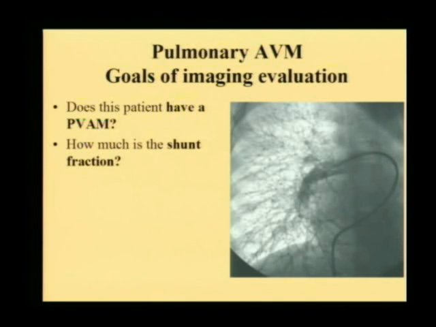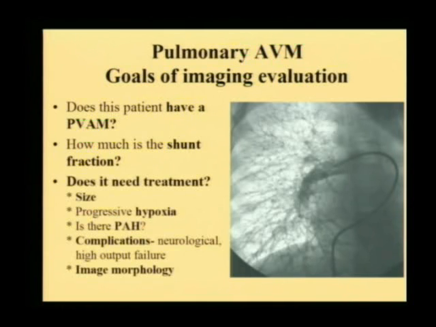If the malformation is present, what is the percent of right to left shunt, that is, what is the shunt fraction? Because this will prognosticate the outcome of treatment as well as the indication for treatment in a given patient with pulmonary arteriovenous malformation.